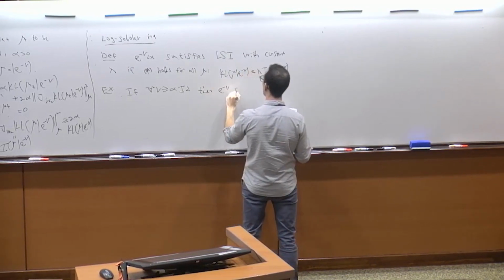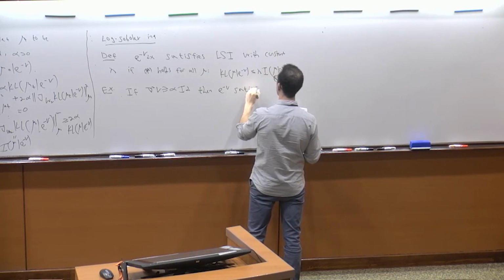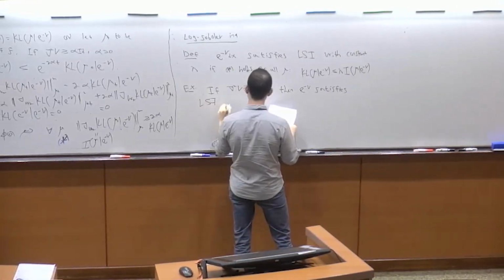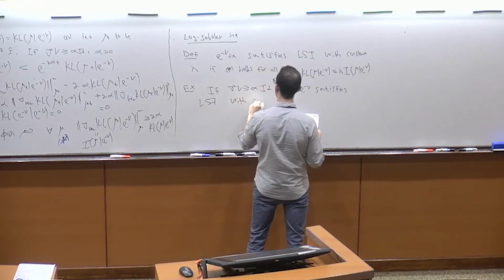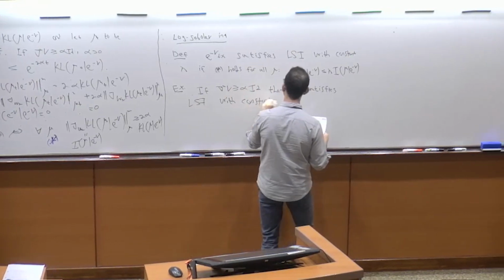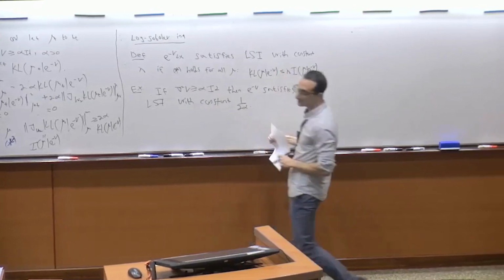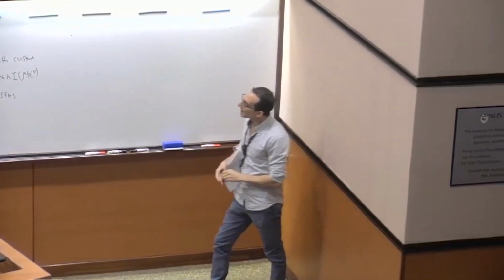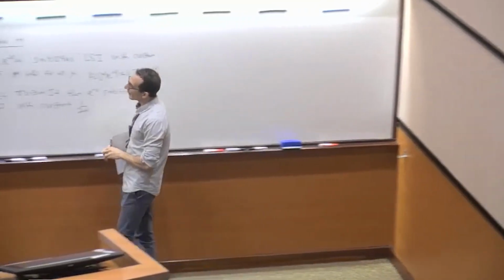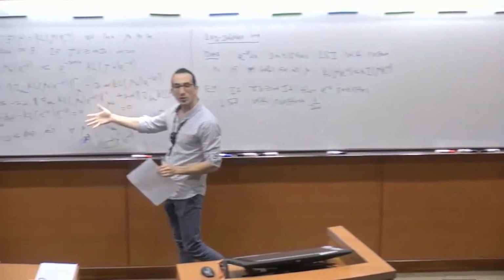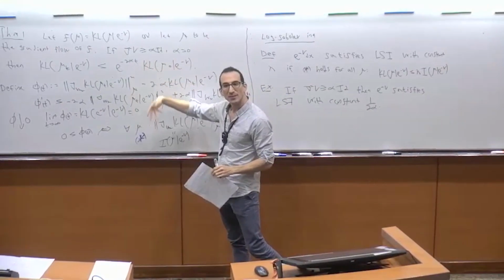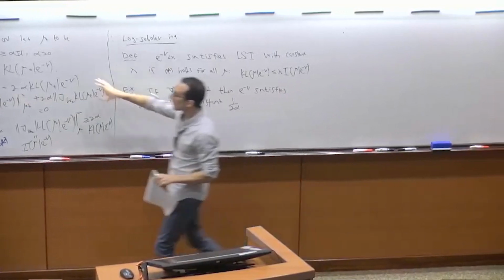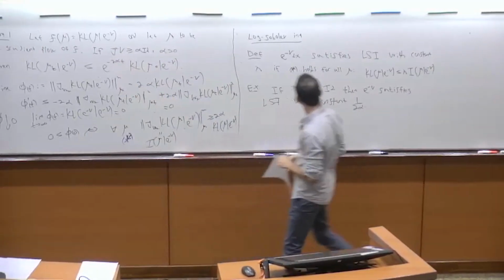Then e to the minus V satisfies LSI with constant 1 over 2 alpha. Here we motivate the log-Sobolev inequality because that's what comes up naturally in trying to prove this exponential convergence.